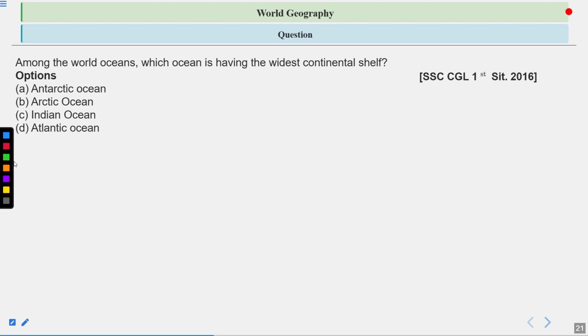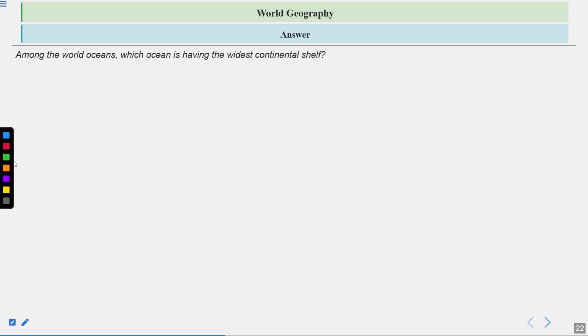Among the world oceans, which ocean is having the widest continental shelf? Options are Antarctic, Arctic, Indian or Atlantic. So, if we talk about the following oceans, the widest continental shelf is for Arctic Ocean.